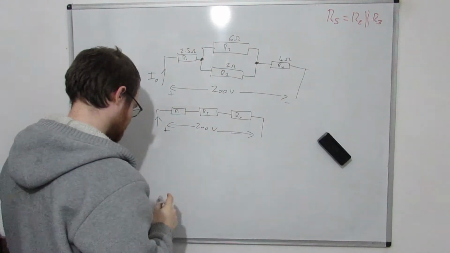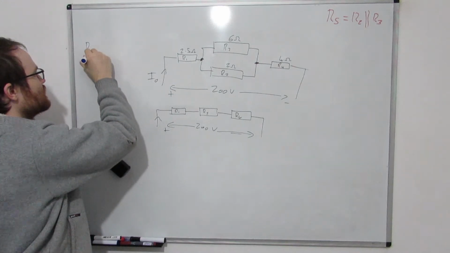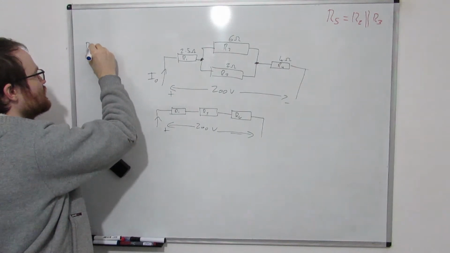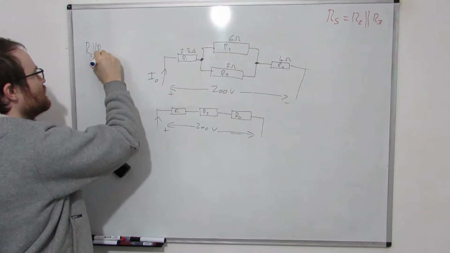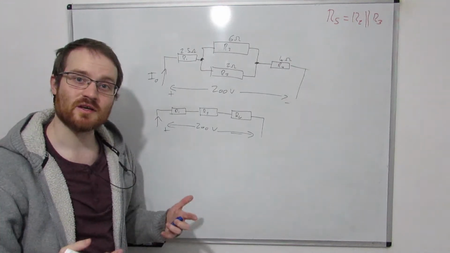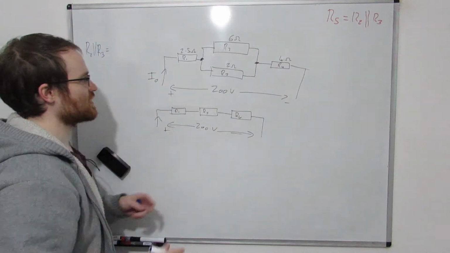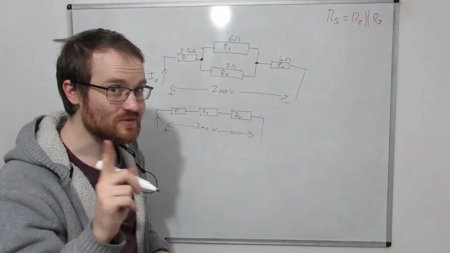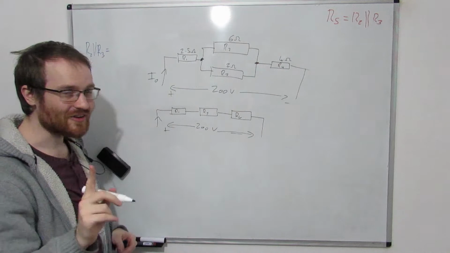Let's work that out. The parallel combination of R2 and R3 equals, and we use that product over sum rule that I spoke about in my last video, which is when you've got 2 resistances and only 2 resistances, no more, no less.